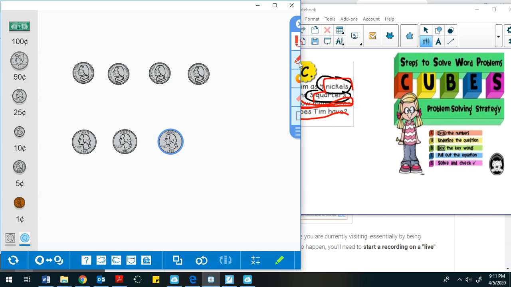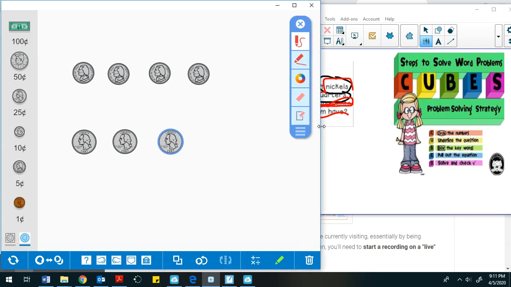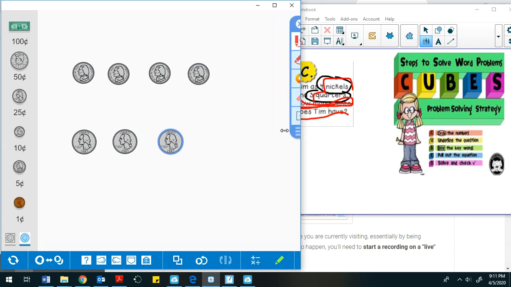And when I count to find the value, I can use Hairy Money to help me out with this. So remember, with Hairy Money, you count by 5s until you get to the value. So I know that nickels are worth 5. So 5, only 1 hair. 5, 1 hair, 1 hair.